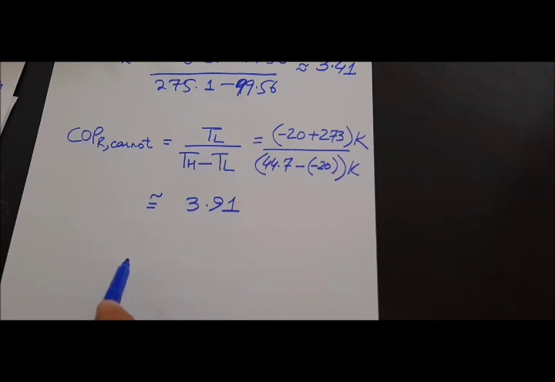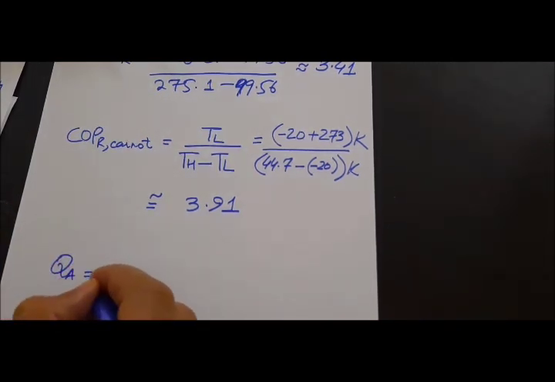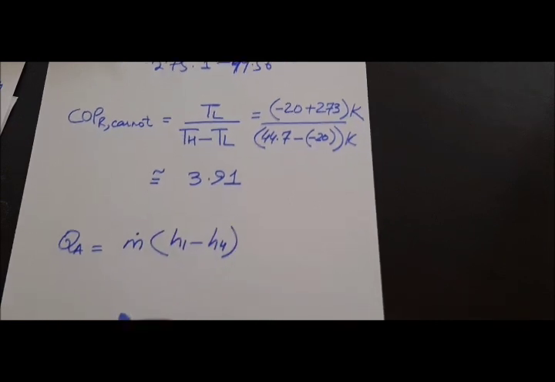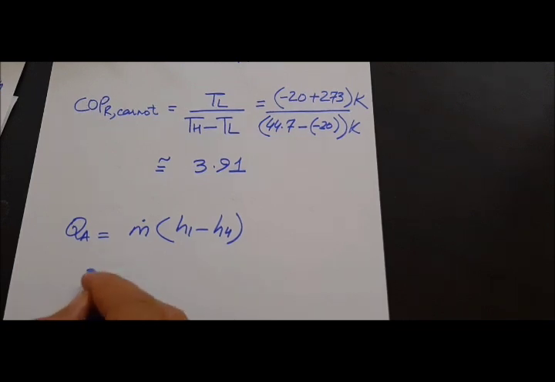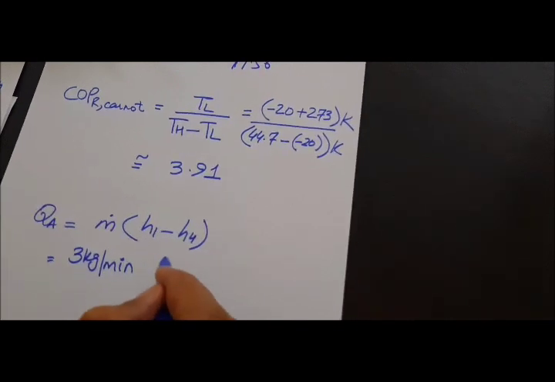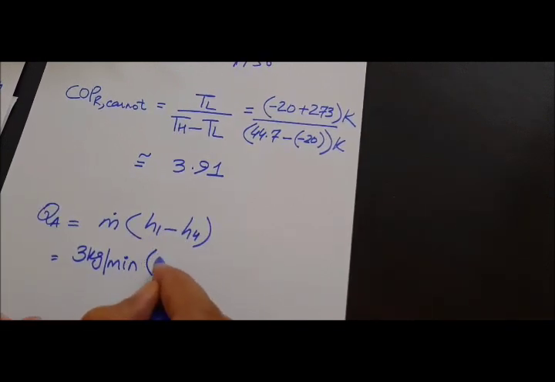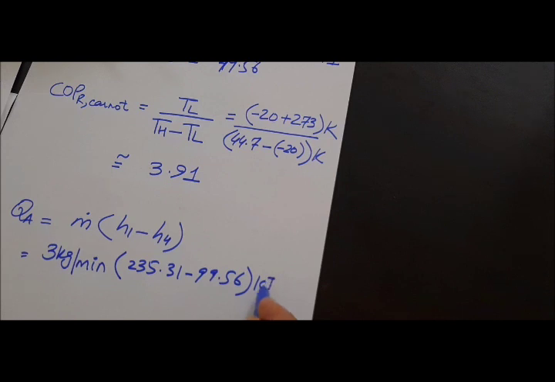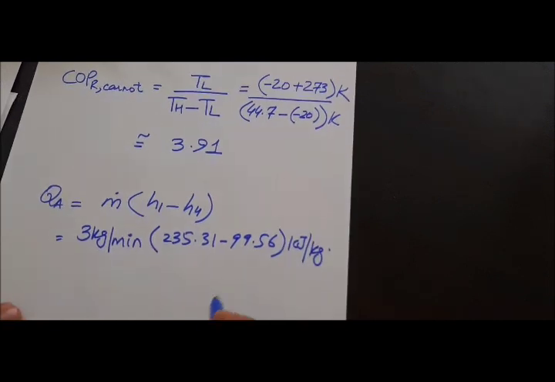Now lastly, they have asked us about the tonnage of the refrigeration. The tonnage of the refrigeration is how much heat it is absorbing, and we already know that Q absorbed is equal to m dot (H1 minus H4), where m is 3 kilogram per minute and H is 235.31 minus 99.56, in kilojoule per kilogram.